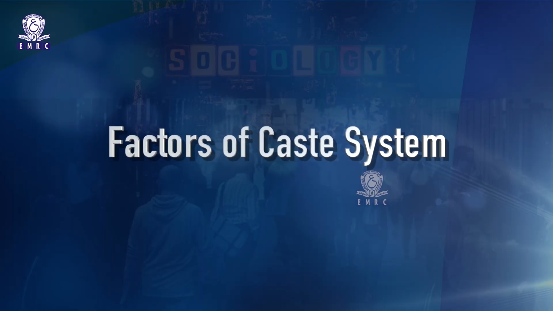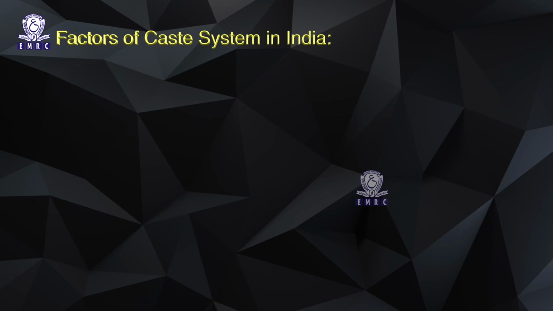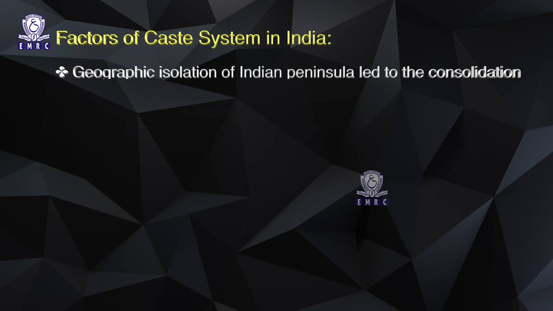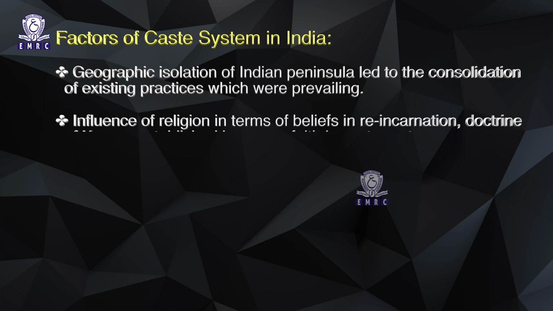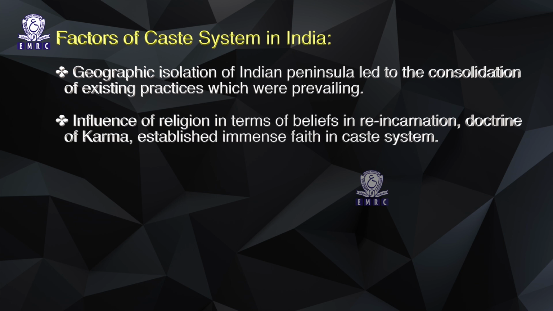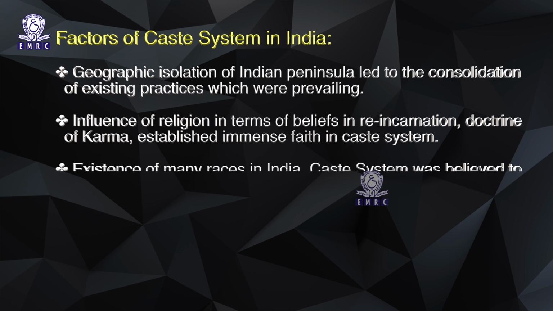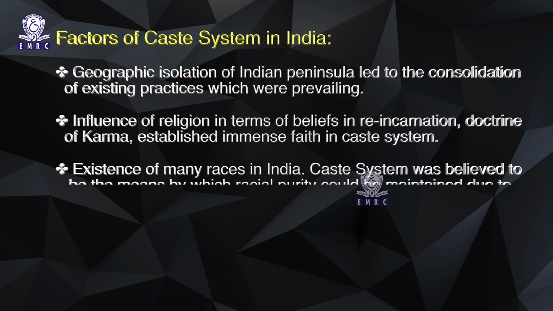Several factors have been responsible for the growth of the caste system in India. Let us try to understand them. We will not have a detailed discussion of some of the factors. For instance, the geographic isolation of the Indian peninsula led to the consolidation of existing practices which were prevailing. Apart from this, the influence of religion, in terms of beliefs in reincarnation, the doctrine of karma, etc., established immense faith in the caste system.